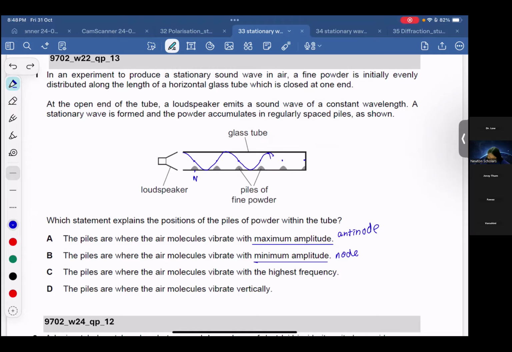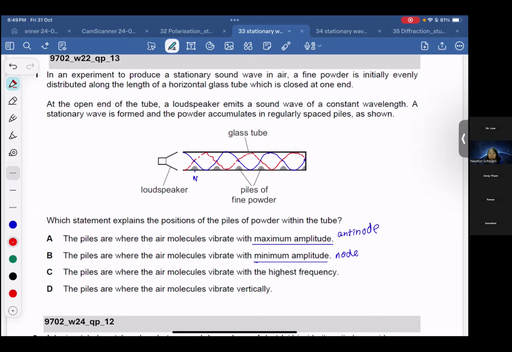Here I go. Then I complete the reflected wave, going here, going here. Yeah, this is the wave pattern that I can show you.